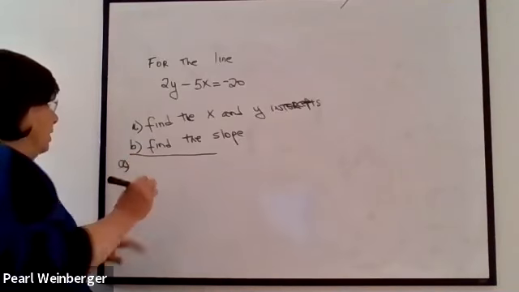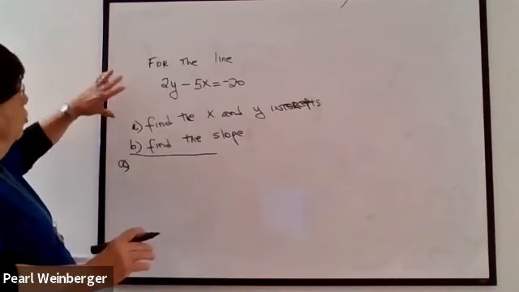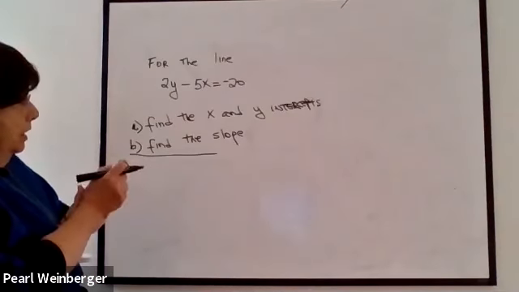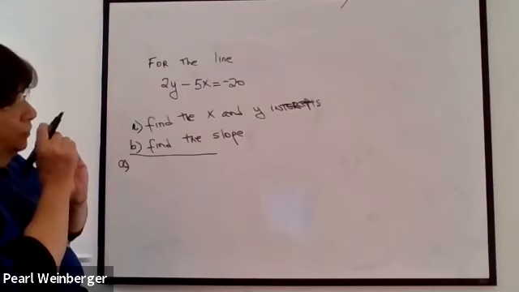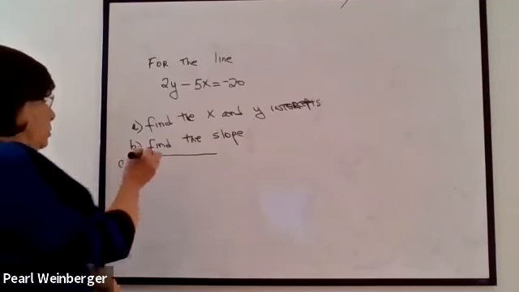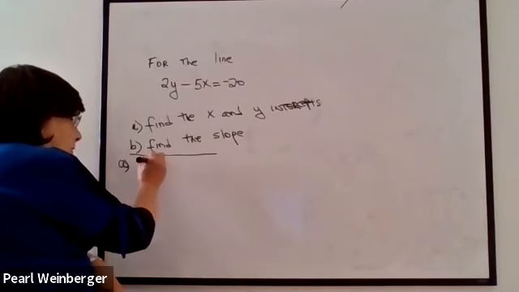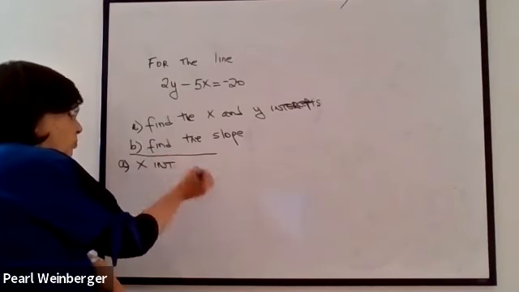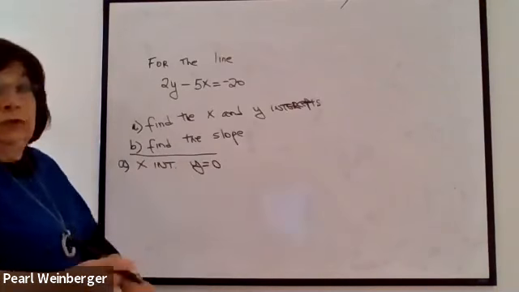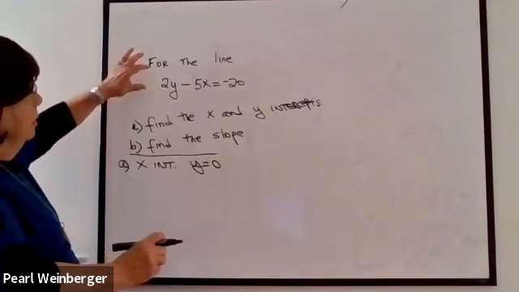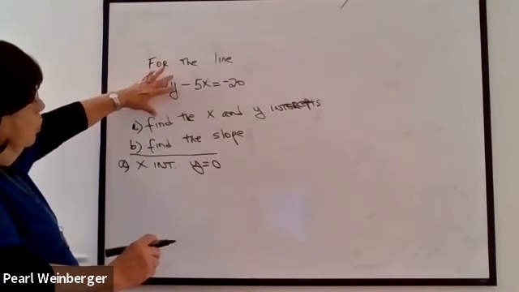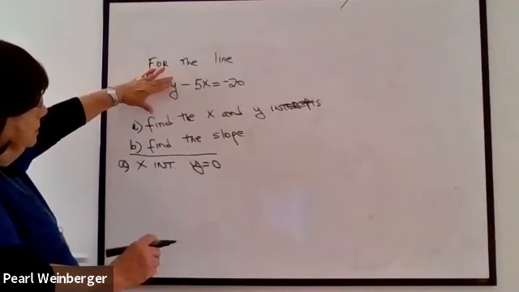This is what I would do if all I was asked was to find the x and y intercepts of a line. There is a very simple process involved. To find an x-intercept, you put y equal to 0 into the equation. Any term that has a y in it, replace that by 0.